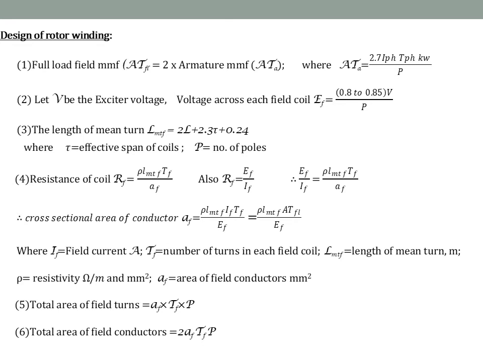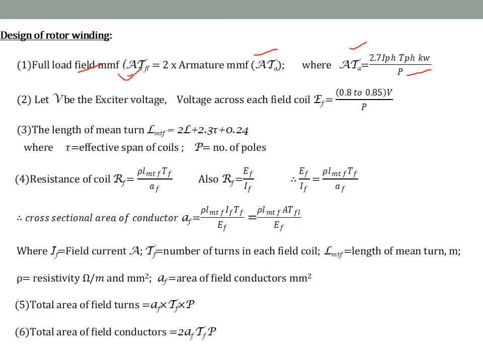Now coming to design, the full load field MMF ATFL is equal to 2 times the armature MMF ATA, where ATA is equal to 2.7 IPH TPH kW by P. The field MMF has to be made large to overcome the armature reaction.